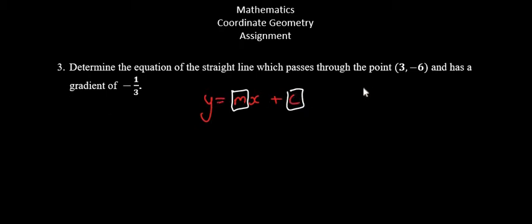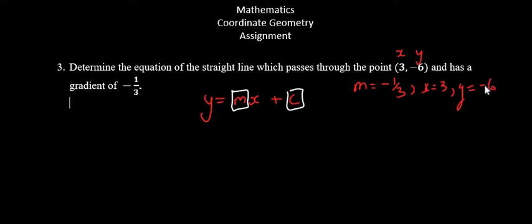So what do we have? We have the gradient given to us, which is -1/3, and our x and y values, our x coordinate and y coordinate, we can take from the point given to us. So the x coordinate is 3, and the y coordinate is -6.